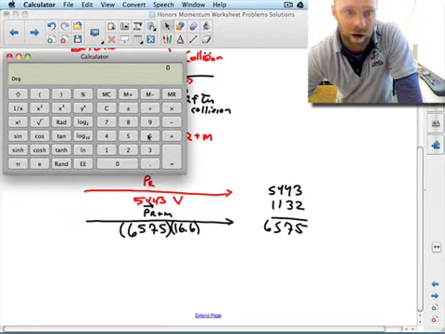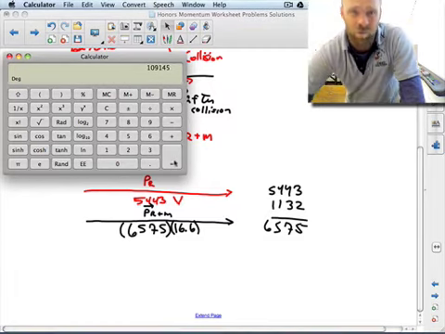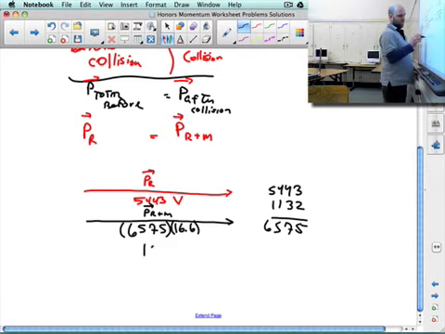We're talking about 6575 times 16.6. That gives me like 109,145. Okay? So that's the total momentum after the collision.